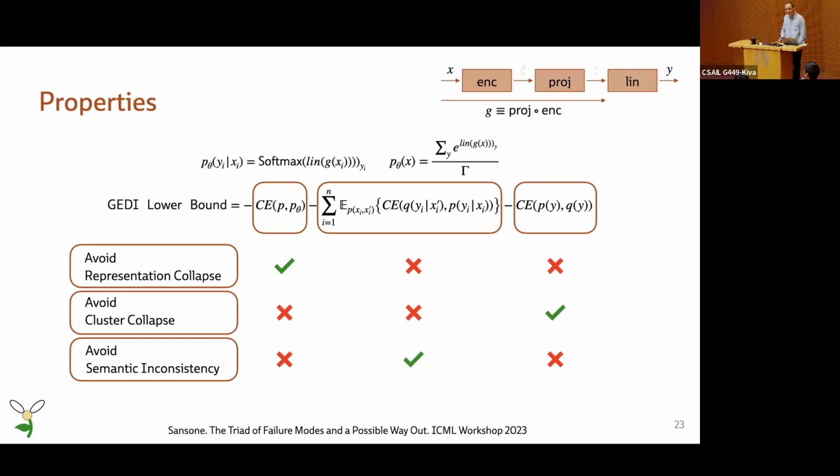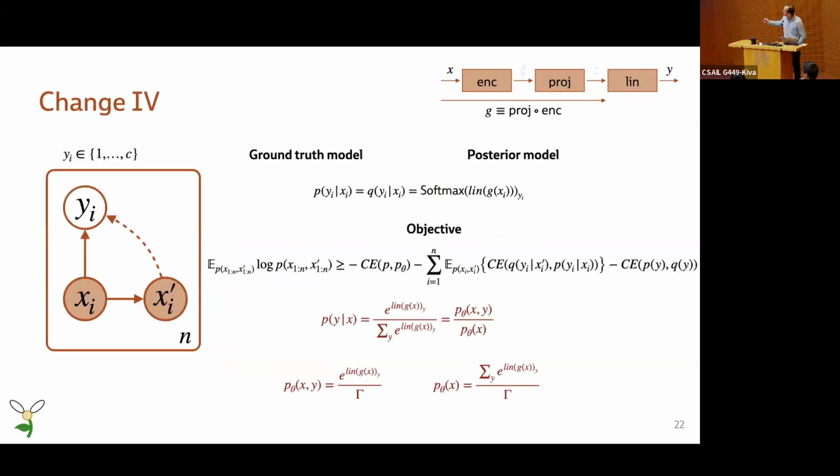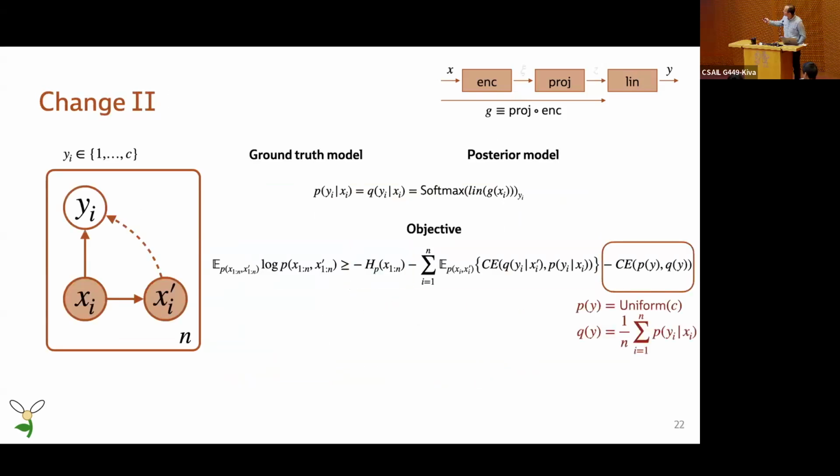Can you go over how you avoid cluster collapse? Why does it avoid cluster collapse? So what we do here is that we are averaging over all training data the output of our classifier, and we want this average to be close to a uniform prior.